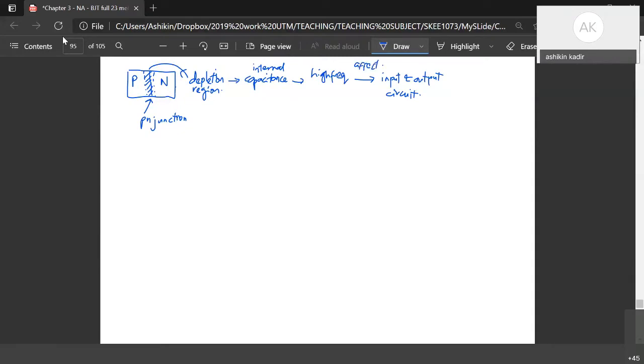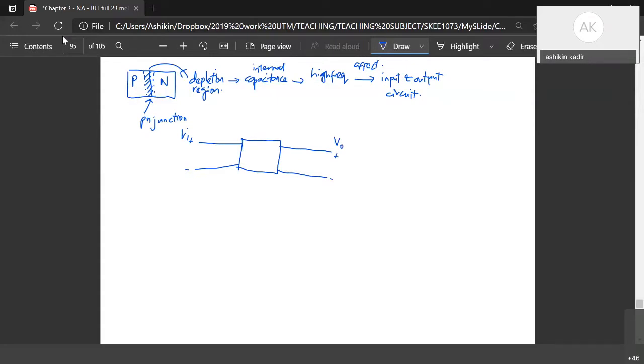Here we have an amplifier or a device, and I just draw it using a block diagram. We have an input, V in, and the device has the output, V out.